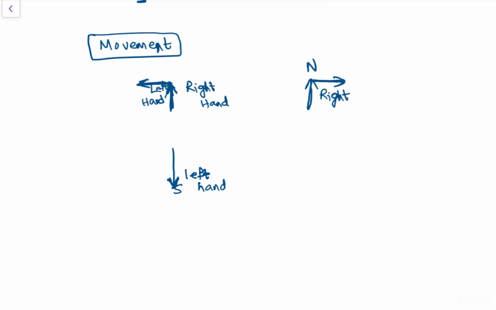If you are standing in a southward direction, moving left means you would move towards this direction, and moving right means you would move towards this direction. Your right hand is this side, so moving right means you would move this side.